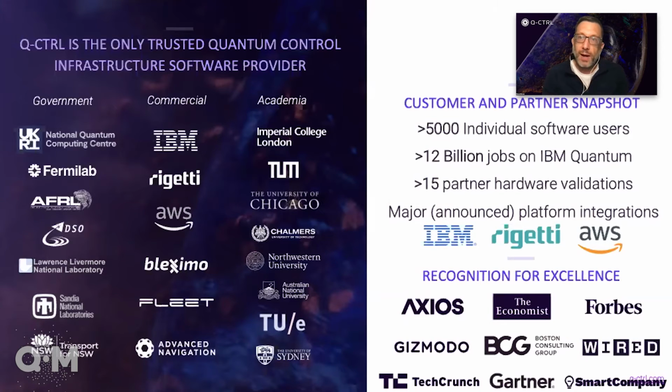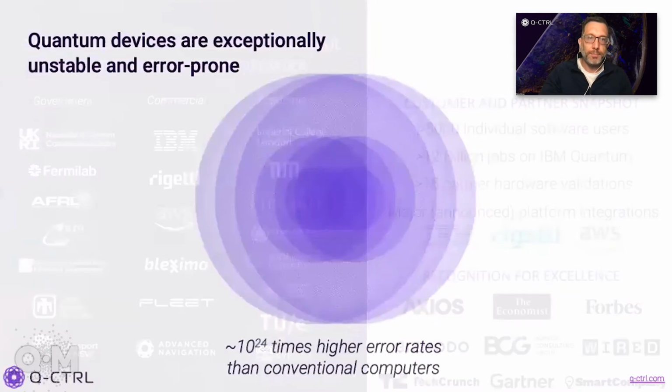Overall, we have about 5,000 individual users of our software. Our R&D team has run more than 12 billion jobs on IBM systems as we've developed core technology. We have announced major partnerships already with Rigetti, with IBM, with AWS. We've worked with Rigetti for a number of years. And for what it's worth, we've appeared in a variety of media outlets.